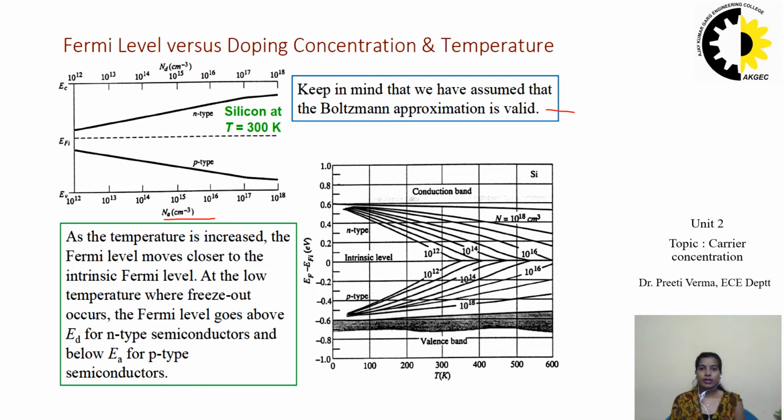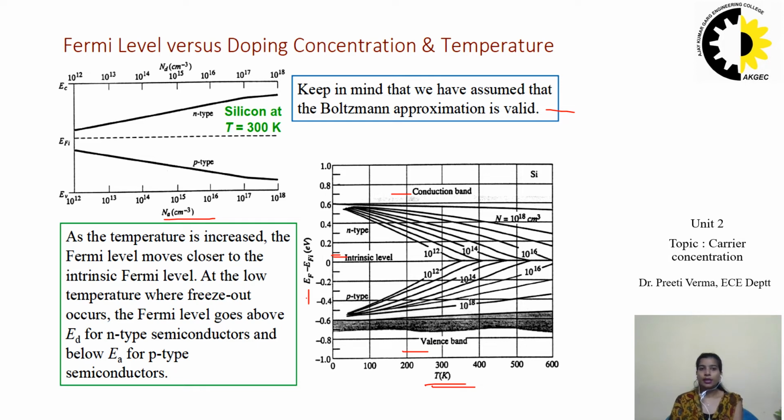We can see with the graph here in this second diagram also, this is the conduction band and valence band, and this is the intrinsic level. On the x-axis it is representing Ef - Efi. On this axis we have temperature. As the temperature is increased, the Fermi level moves closer to the intrinsic Fermi level.